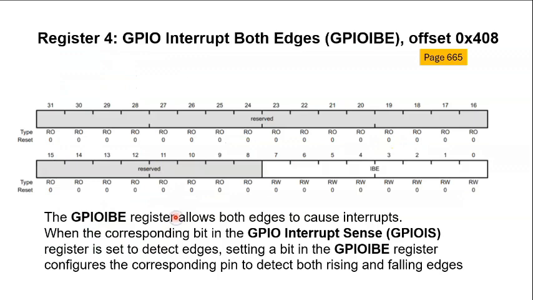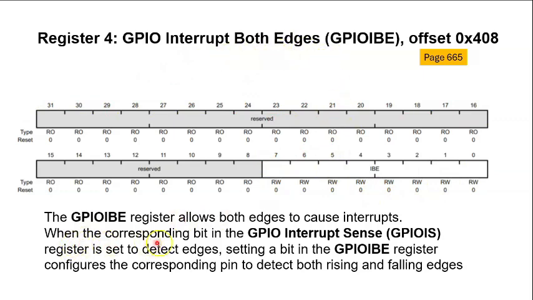All right. Let's take a quick look at the interrupt both edges register. GPIO IBE has an offset of 408, and I've taken this from page 665 of the datasheet. Again, very similar to all the other registers. It's 32 bits. However, only 8 bits are used for the IBE.